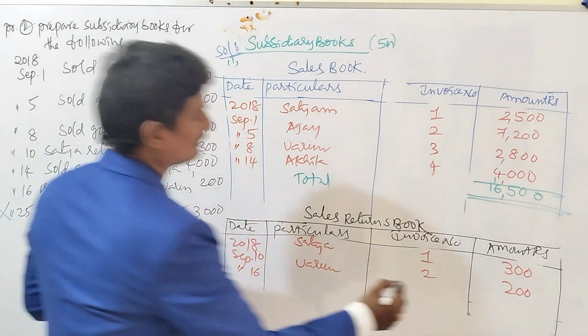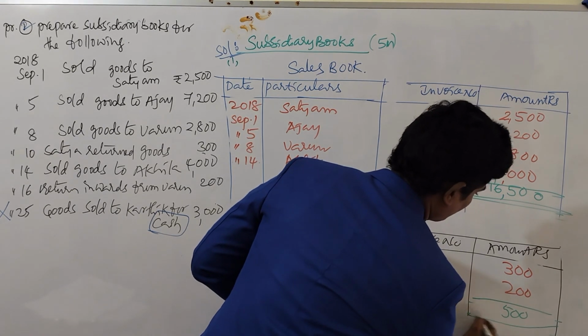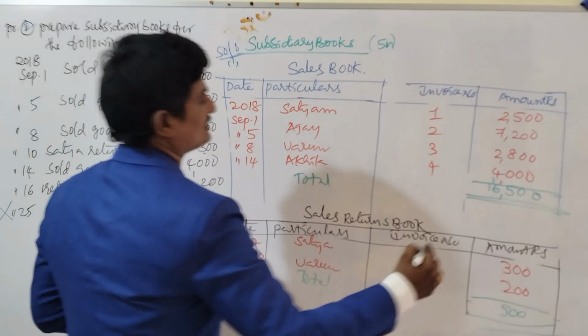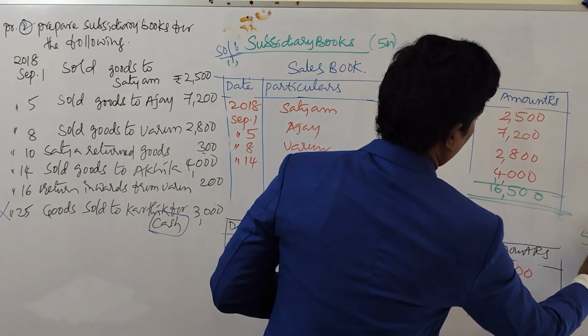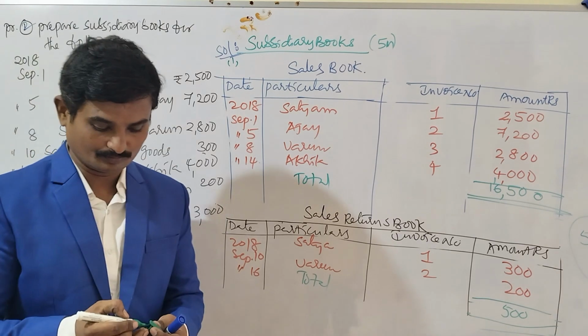Next, coming to the next one, 300 plus 200, total 500. Write total here. This is the simple way to get 5 out of 5 marks from Subsidiary books.